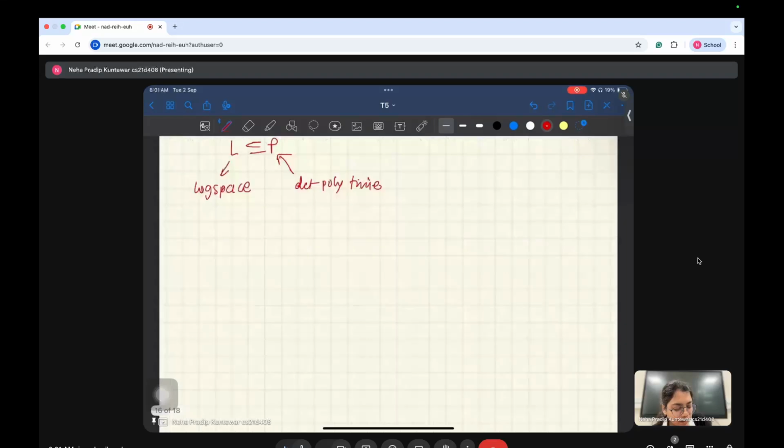On the other hand, we have this class BPP, which have probabilistic polynomial time Turing machines that make error on both sides.